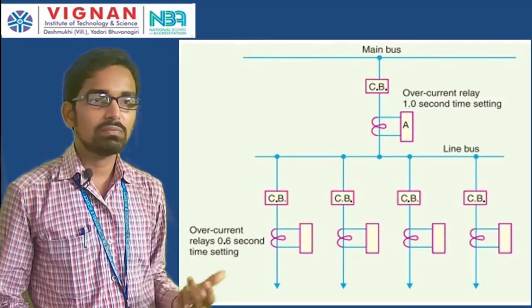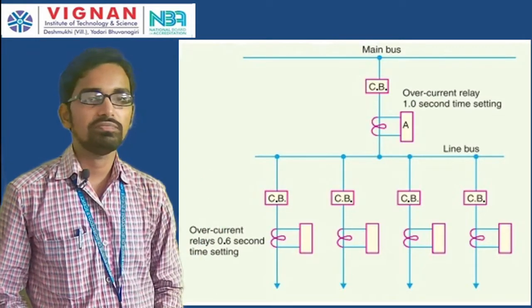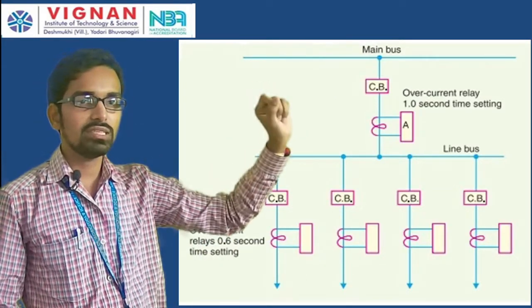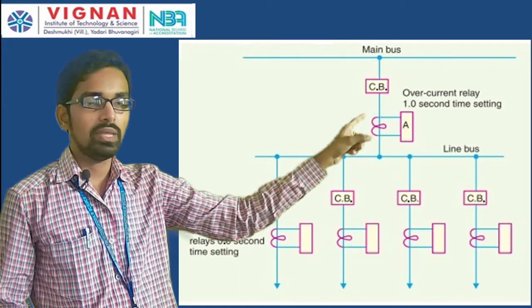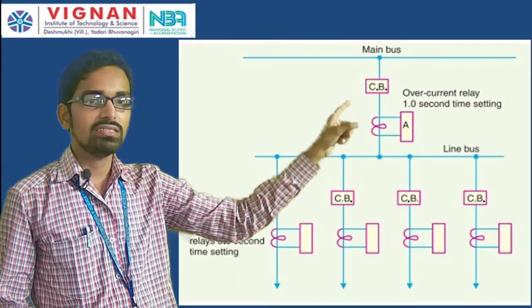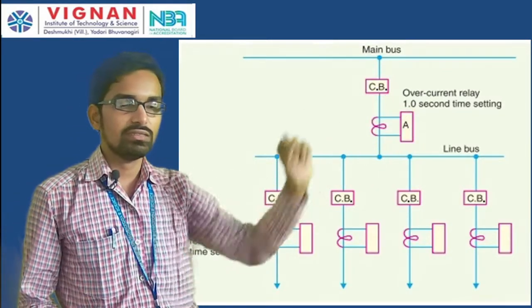We can explain primary and backup protection with the help of this diagram. Here you have the main bus, a circuit breaker, and a relay, relay A. This relay A is an overcurrent relay with a time delay of 1 second.